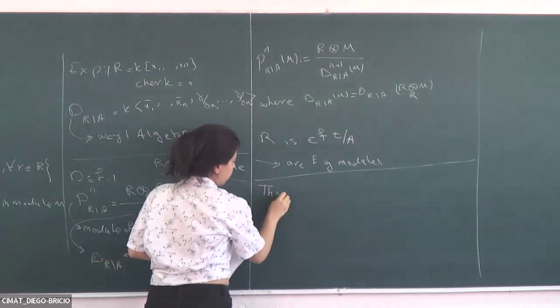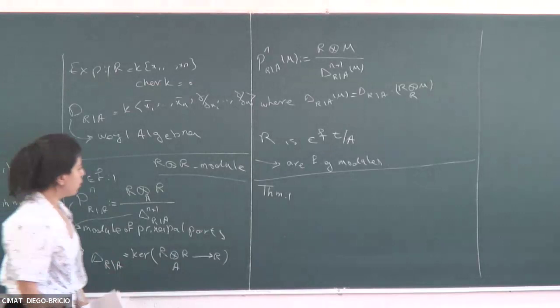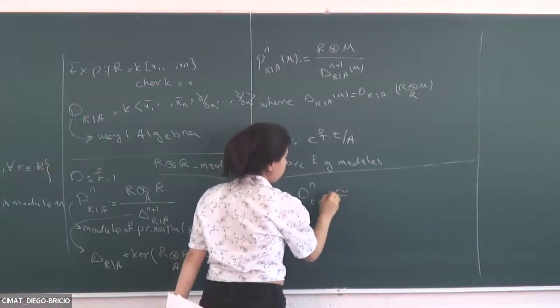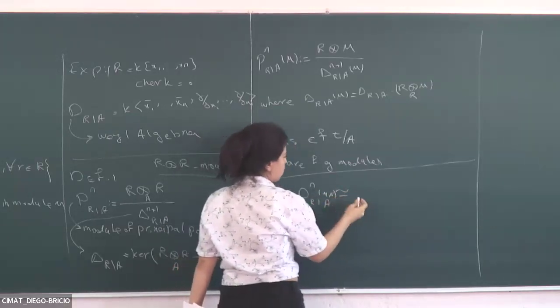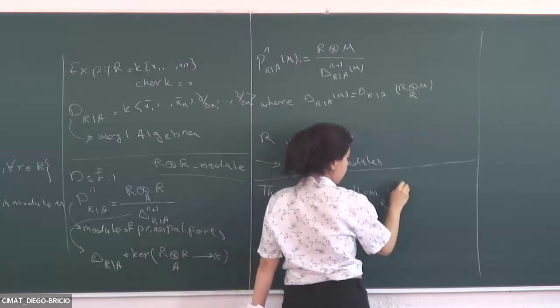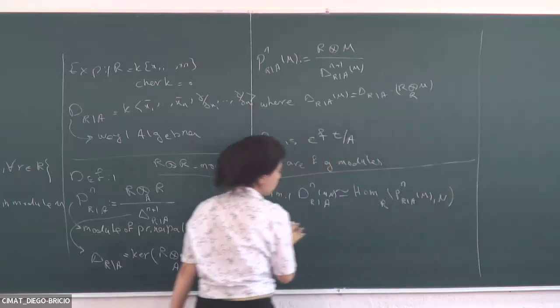There is an important theorem that relates these modules with differential operators. For D^n_{R/A}, we have an isomorphism: D^n is isomorphic to Hom_R(P^n_{R/A}, R).